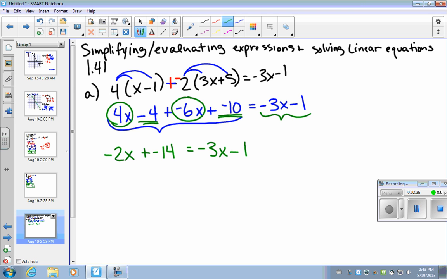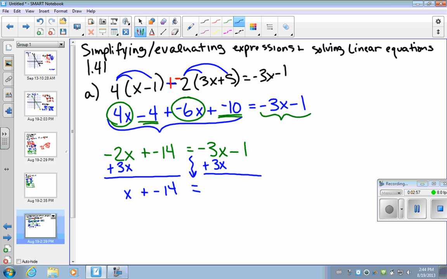Okay, now I'm going to start solving for x. So I have to get all the x's on one side of this equation and all the numbers on the other side. So I'm going to start out by adding 3x to both sides. And when I do that, I have negative 2x plus 3x, which is just 1x.